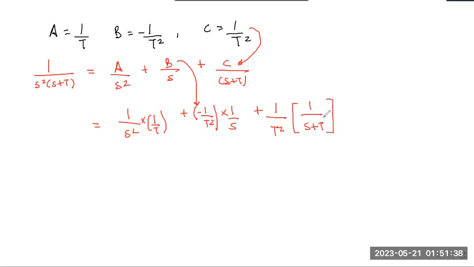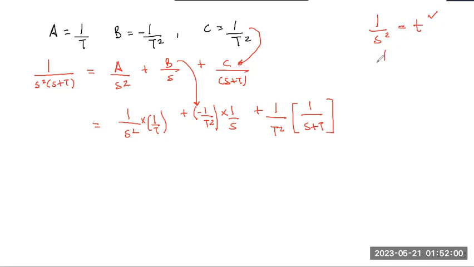Now, if I have to go for the Laplace inverse of this, Laplace inverse of 1 by S square, I already know, it would be equal to small t, because the ramp function gives the Laplace inverse of 1 by S square.